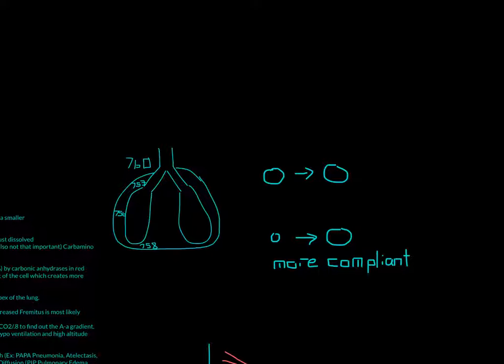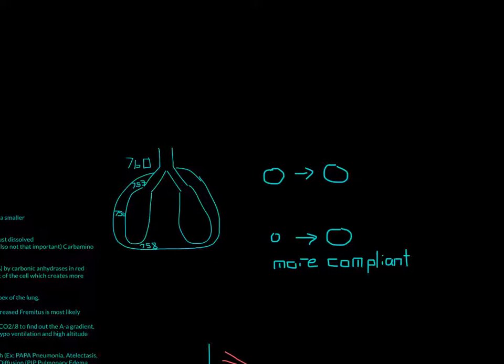Up here, since the gradient's higher, the alveoli will already be expanded, so they will be less compliant and can expand less. This one is going from a small balloon to a big balloon, but this is going from a medium-sized balloon to a large balloon. Because of that small increase, it doesn't have as much surface area, and therefore can't have as much ventilation.